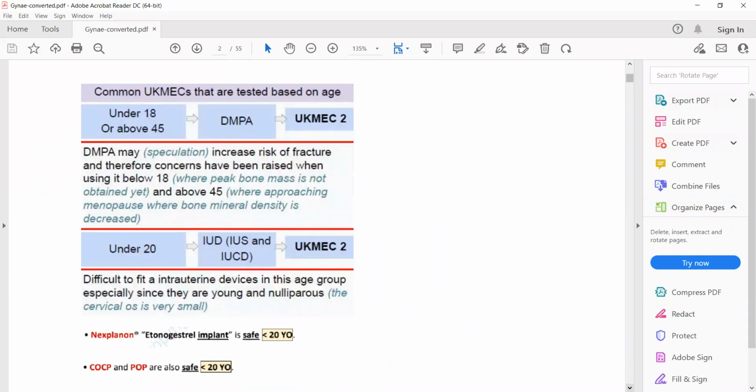There's another method of short-term contraception, and that is in the form of injection of depot medroxyprogesterone acetate or DMPA. So DMPA is also a method of short-term contraception, which is in the form of injection. The injection needs to be taken every 3 months.